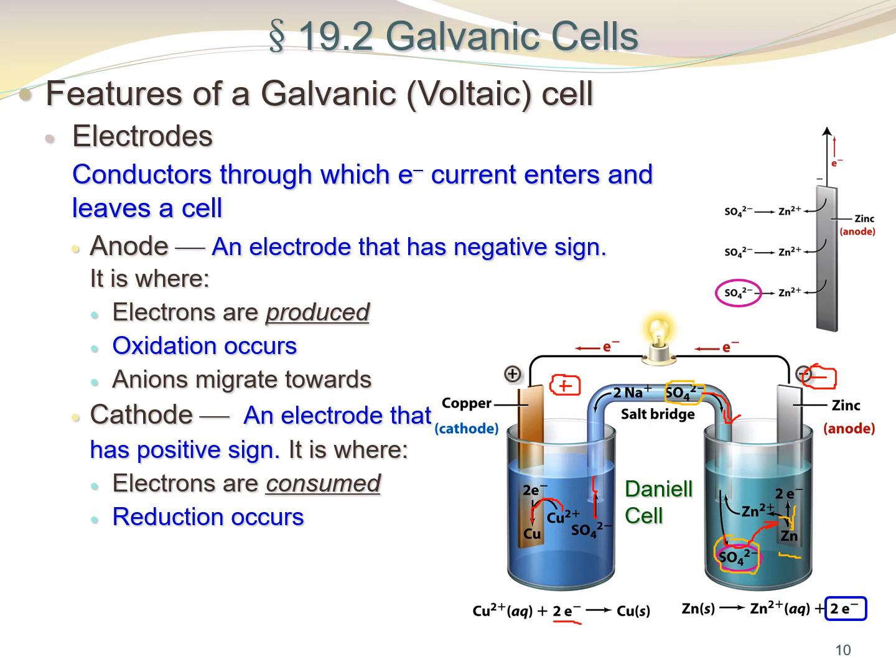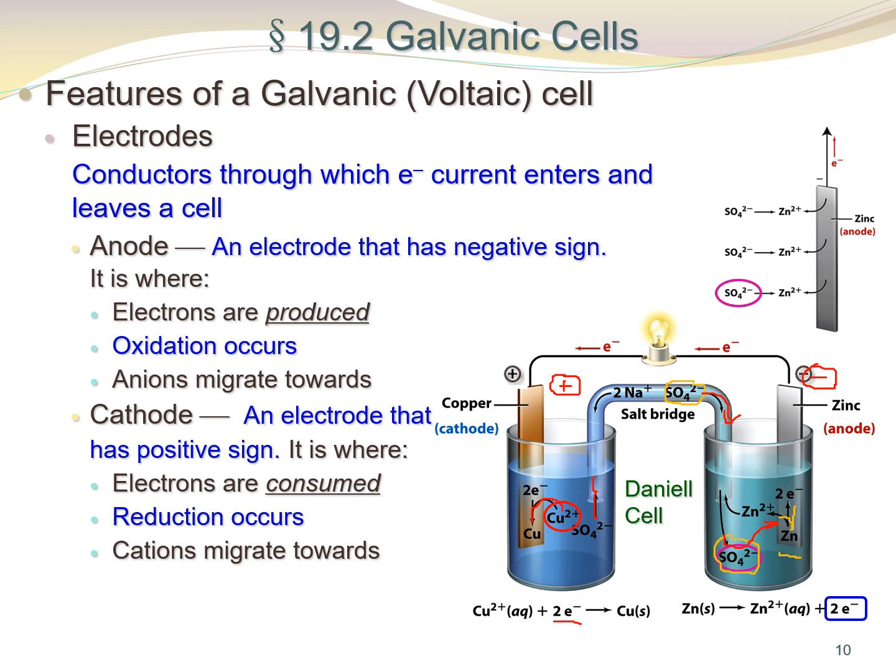All right, so now as we can see, for the anode here, it calls for the anion sulfate. So this is where the anion migrates towards. And of course, for the cation, this is where the cation migrates towards in order to have the reaction done, because cation migrates to this electrode, copper, to get electrons to get reduced.